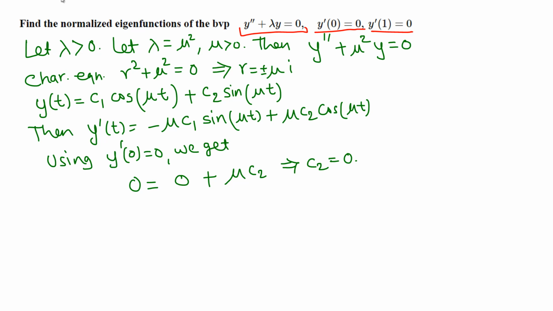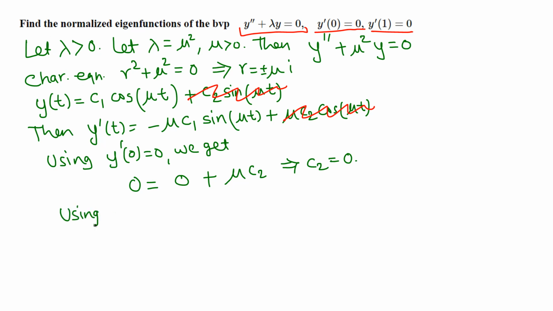Okay, now we can go back and update our solution, because c2 is 0, so we don't have this term anymore. Also, to apply the second boundary condition, we can get rid of this term in y prime because c2 is 0.